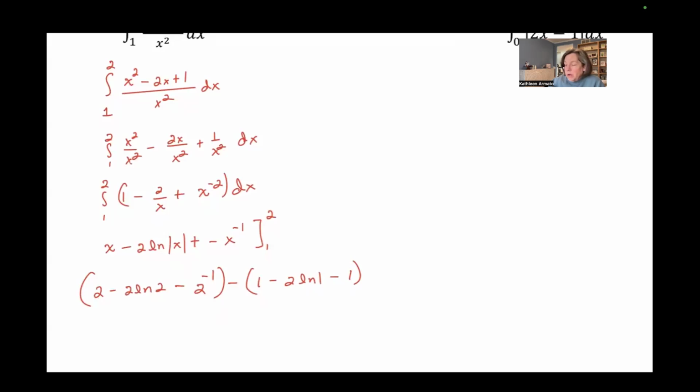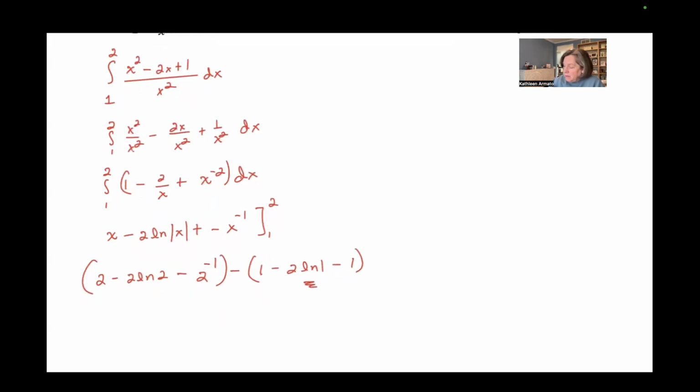Now, I hope you know that natural log of 1 is, yes, hope you're all thinking it, it's 0. So I have 2 minus, and hey, just to make sure we remember our log rules, 2 natural log of 2 is natural log of 2 squared, or natural log of 4. I prefer writing 1/2 here.